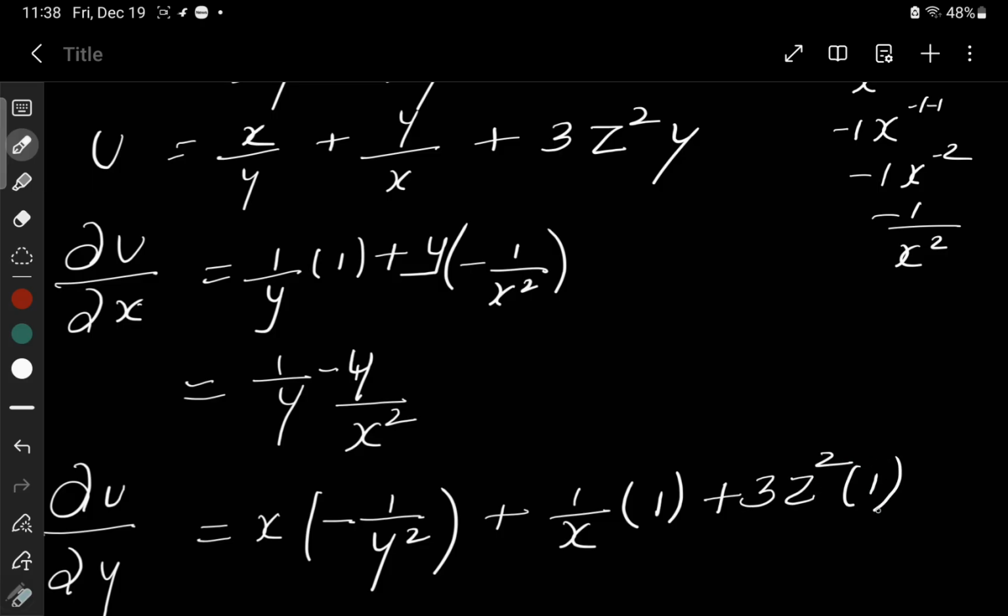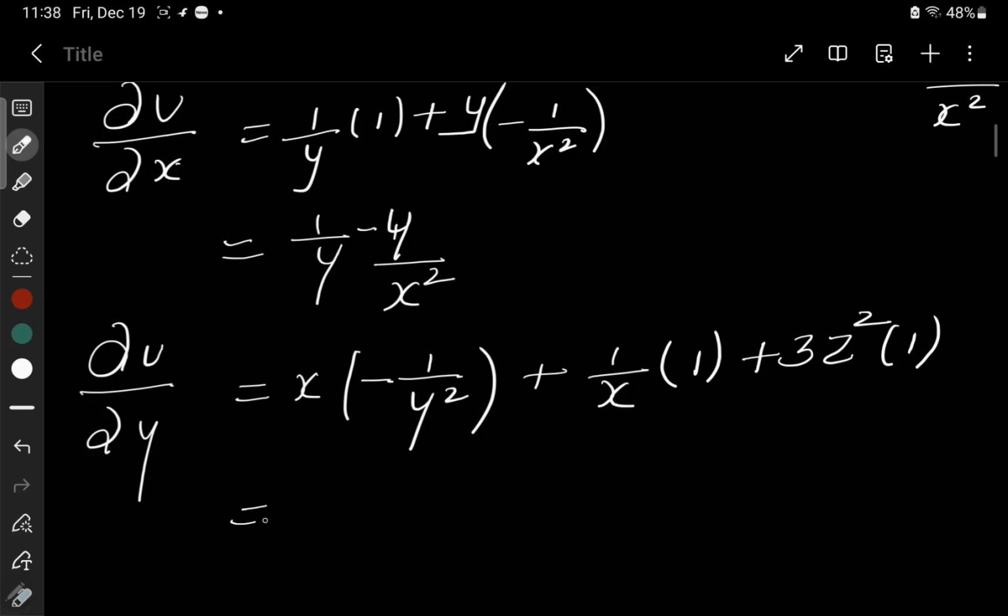If you differentiate y, you will get 1. So minus x by y squared plus 1 by x plus 3z squared.